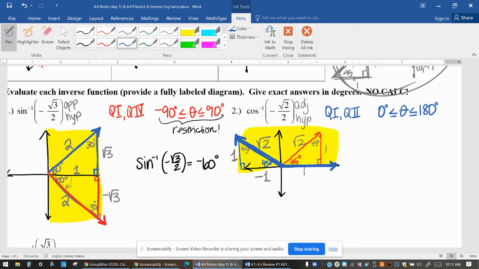Think about it. What angle is in quadrant 2 and has a reference angle of 45 degrees? So remember, this would be the full 180 degrees, right? I want 45 degrees less than that. That's the angle that has a cosine of negative root 2 over 2.